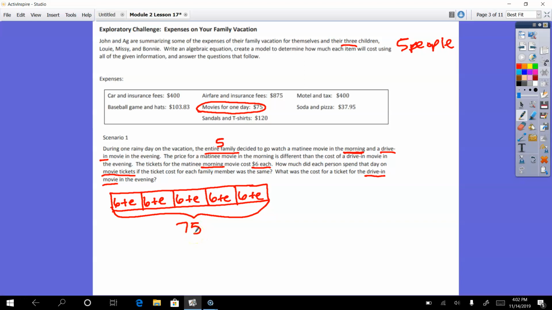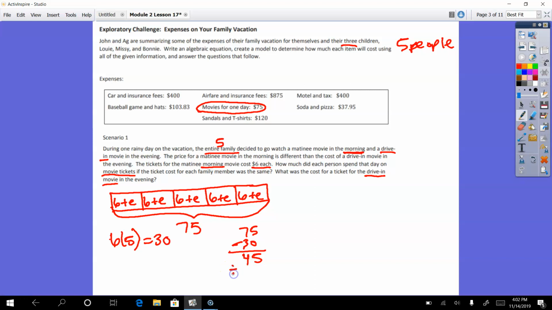Okay, so just like I had done last time, I had $75 was the total. I have 6, 5 times. So I know I'm spending $30 in the morning, so I can take that away, which leaves me with $45.